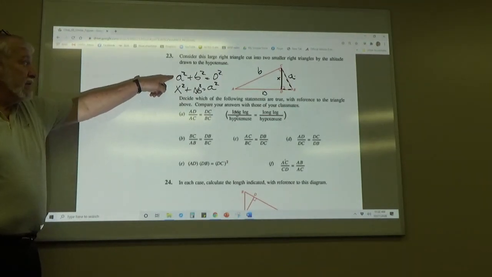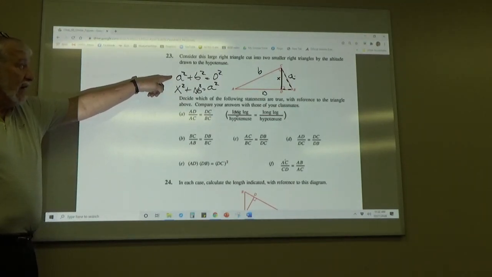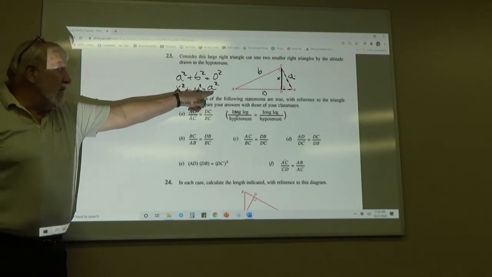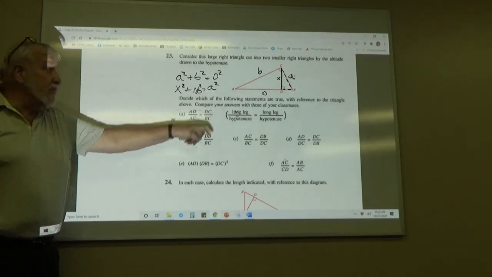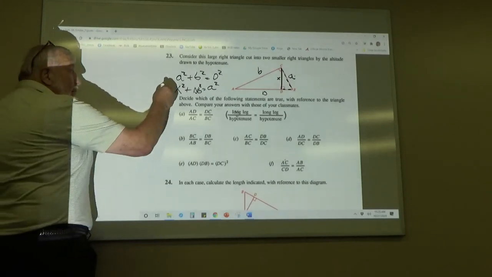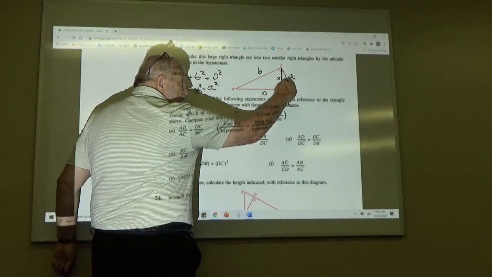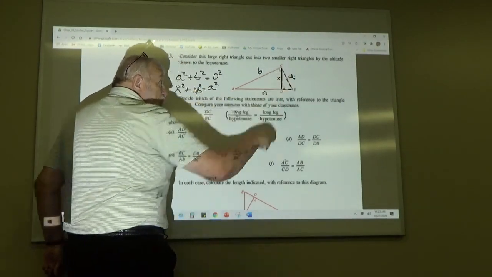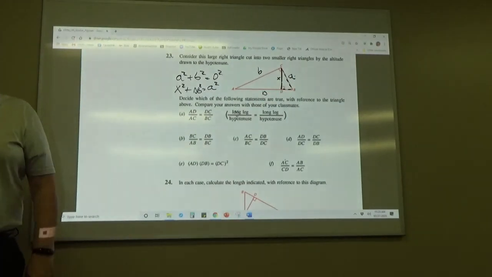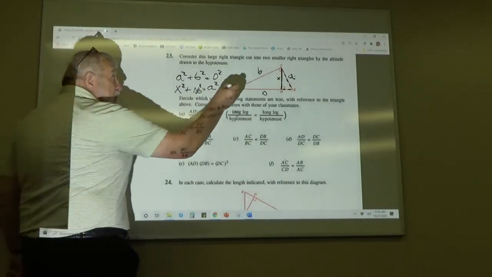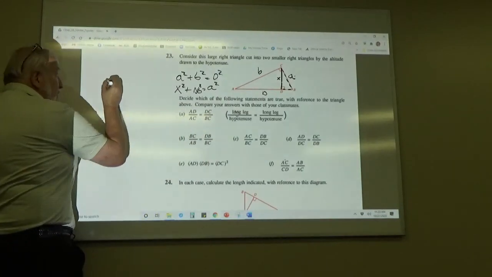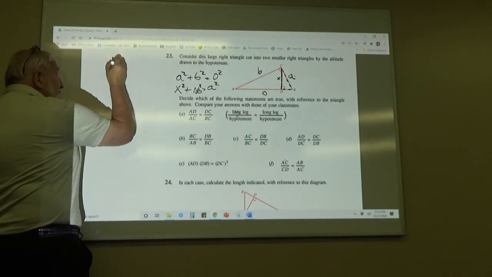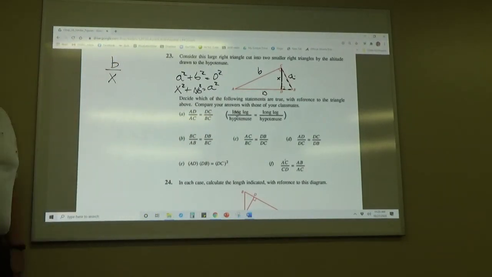So this relationship here in the largest triangle, that length is the same as this one, right? And so what happens is this is the longer side of that triangle that I just drew, right? And so it's related to B. So X and B are related.